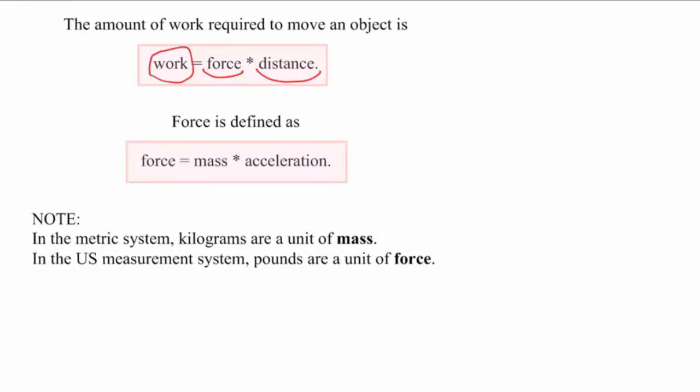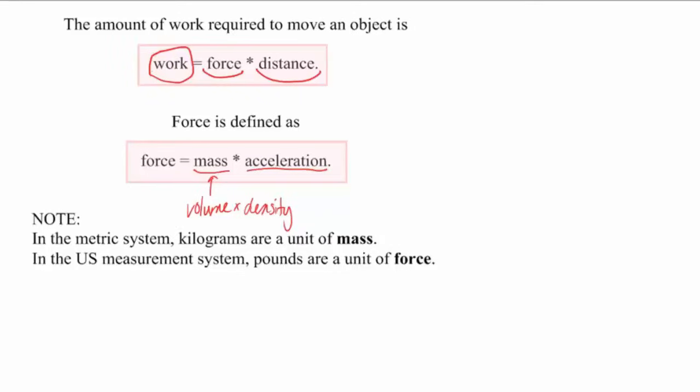All right, and so force is defined as mass times acceleration. And then we just talked about mass being volume times density, if it's a 3D thing. If it was a 2D thing, it would be area times density. The single dimensional things, the lines we just did, were length times density.